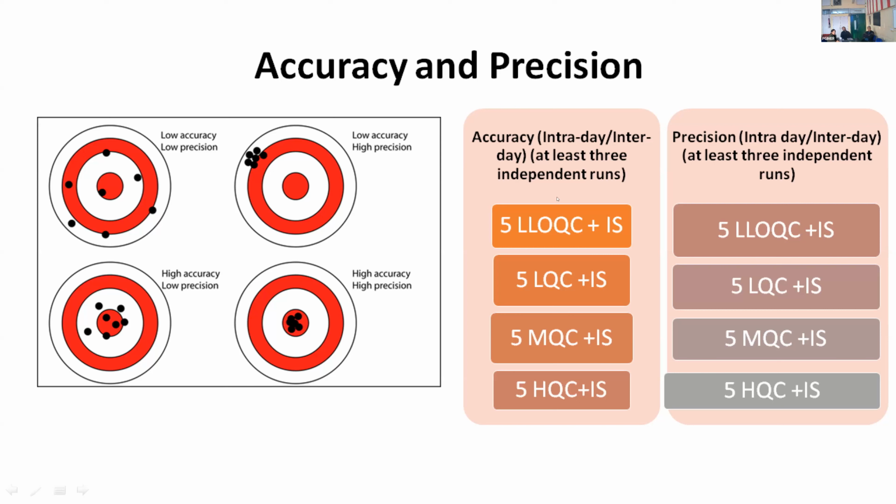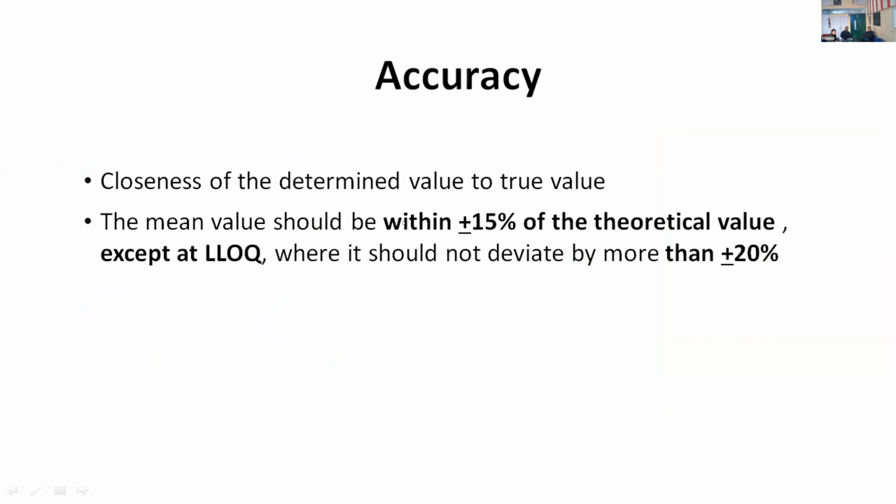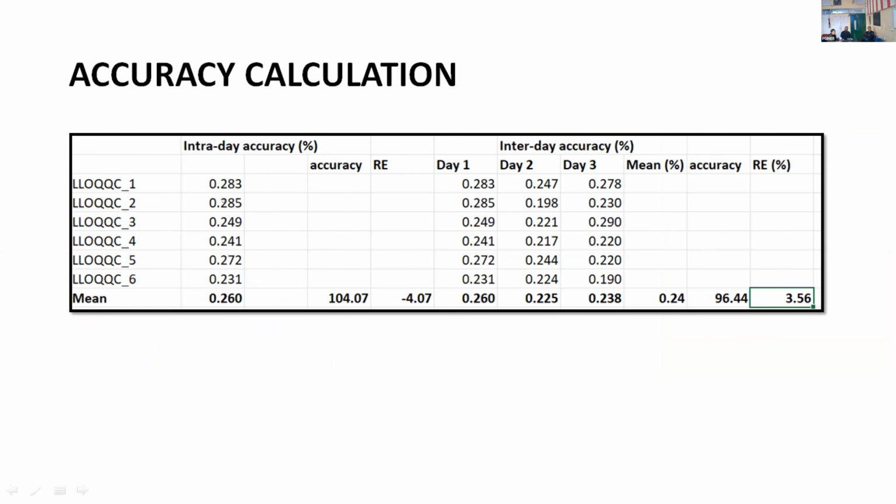For accuracy and precision, we have to run 5 independent runs of all 3 quality controls and the LLOQ, and then calculate the mean value of all these independent runs, and it should be within plus or minus 15% of the theoretical value, except for the LLOQ, which should not deviate by more than 20%. For example, this is an accuracy calculation we have performed for one of the methods. So these are the independent runs.